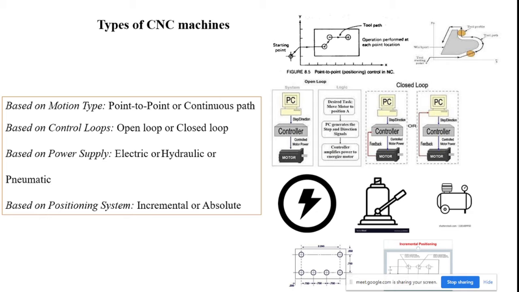So based on positioning system also we can classify the machine. Those four things are important in the classification of CNC machines: based on motion type, based on control loops, based on power supply, and based on positioning system.